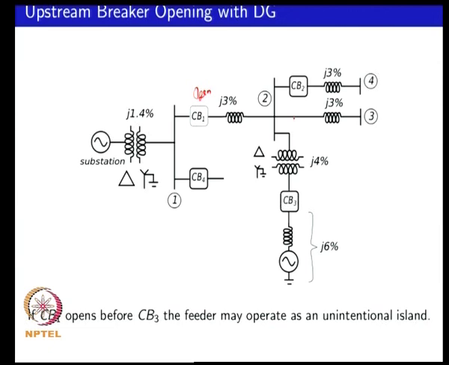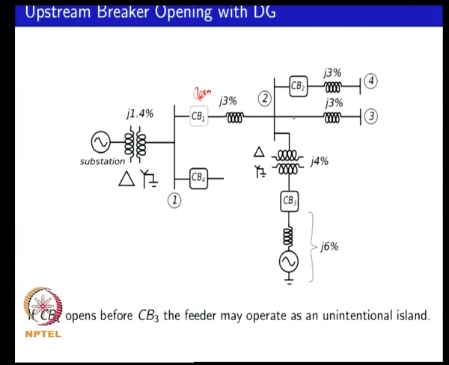So, when we talk about islands in a distribution network, in geography an island is a land body which is disconnected from the mainland, separated by water.